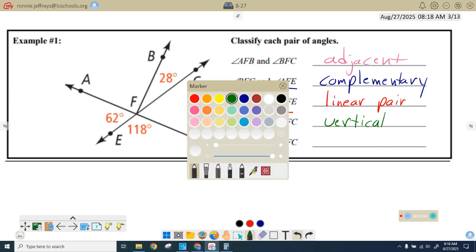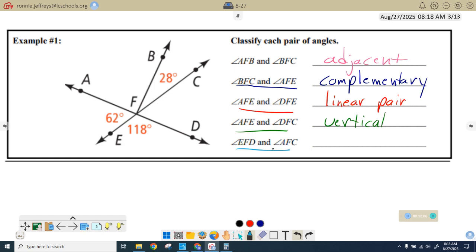And then EFD and AFC. These two angles are also vertical.